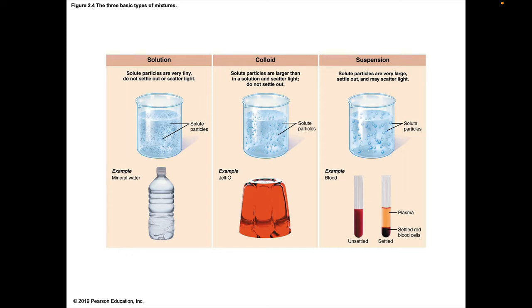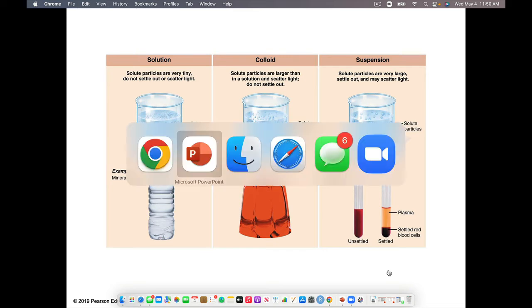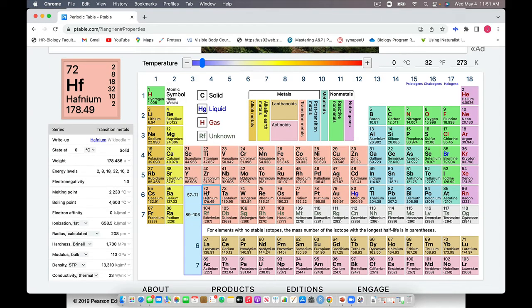All right, so our next objective is chemical bonds. So I want to take a look at chemical bonds and the octet rule. So let's take a quick look at our periodic table again. Okay, so here's our periodic table of the elements.